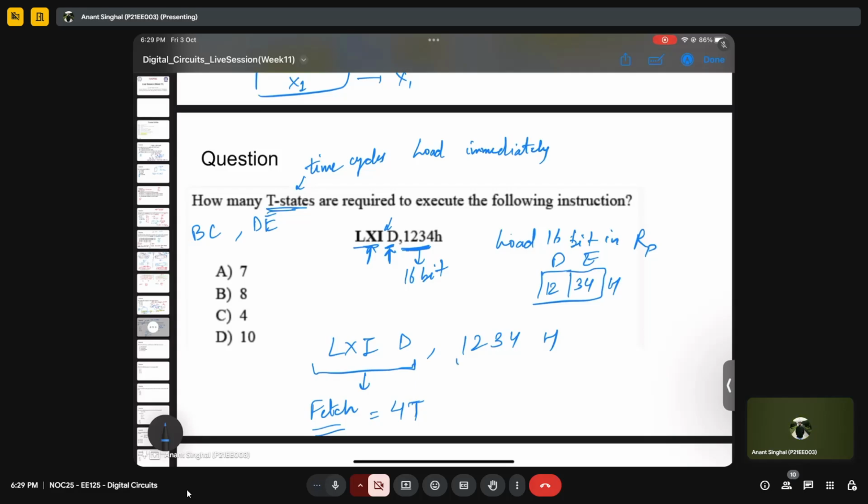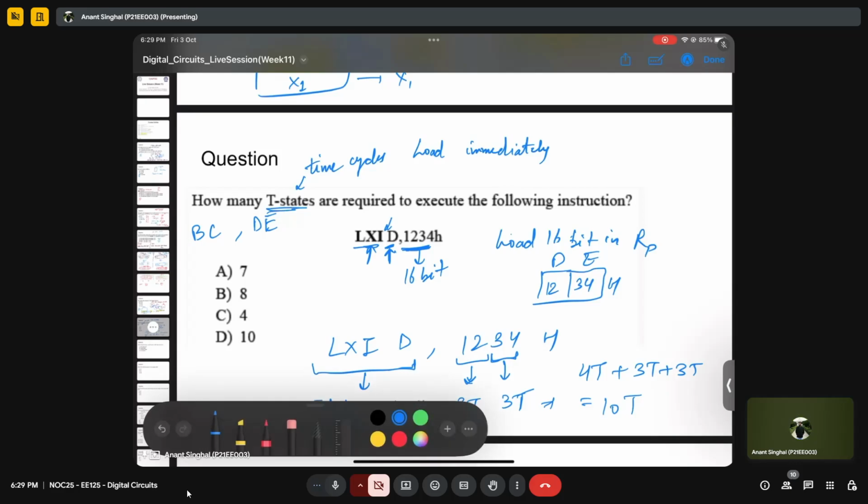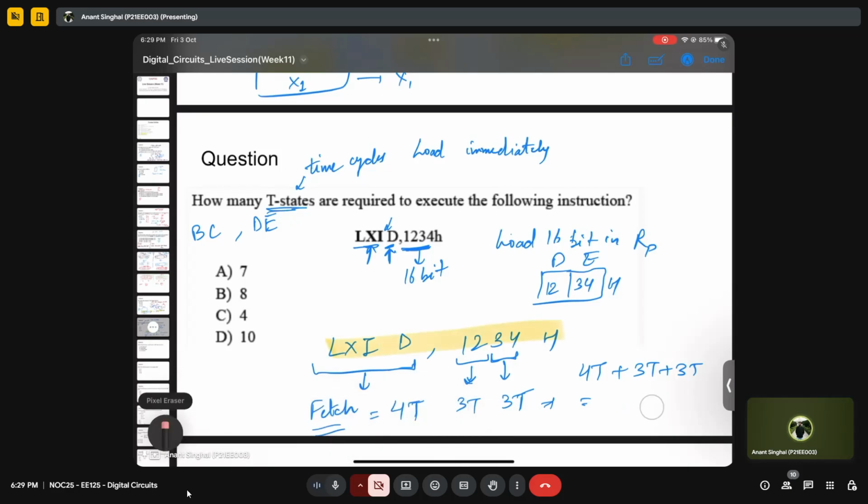Then we have 8 bits of memory each, and for every memory we require 3 T states, that is 3 time cycles. So the total is 4T for fetching, then 3T, and 3T for reading or writing the memory. The total states required to operate this particular line is 10 T states.